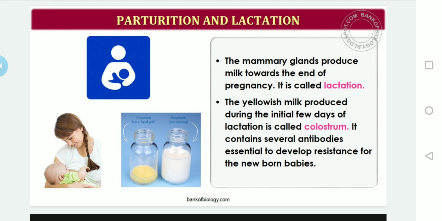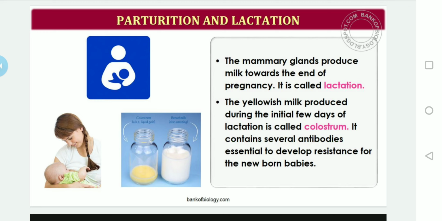In the beginning I told you that due to the presence of mammary glands we are considered mammals, isn't it? And the yellowish milk produced during the initial few days of lactation is called colostrum. Remember, this helps the mother in feeding the newborn child.